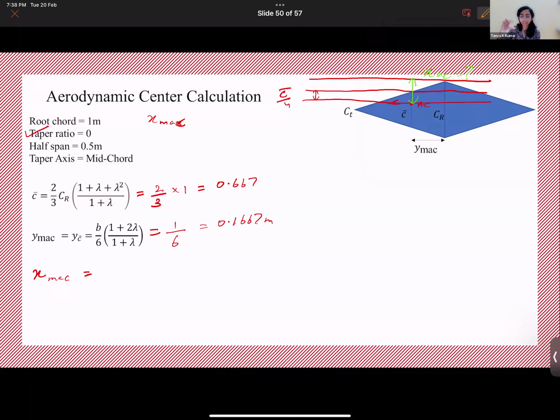What is that length in green? How do you find out XAC? It is this length in orange plus C bar by 4. Is that correct? So green length is orange length plus red length. Clear?